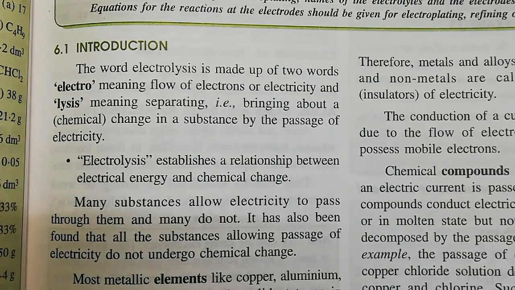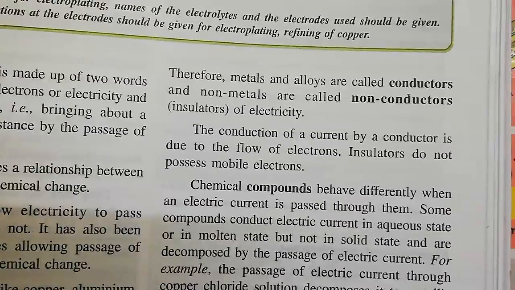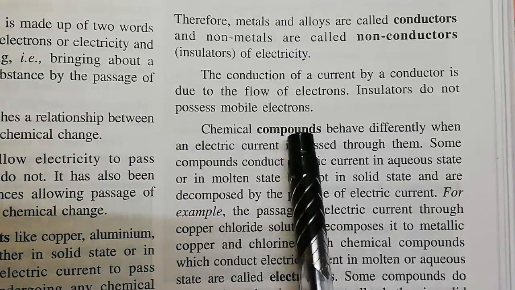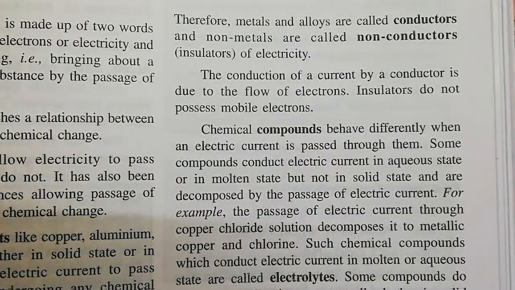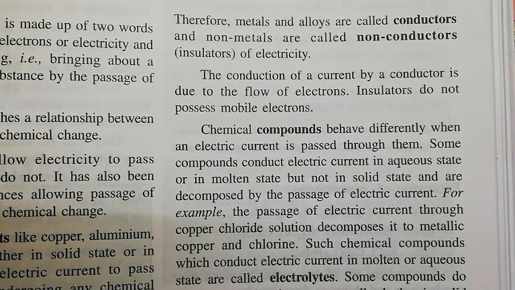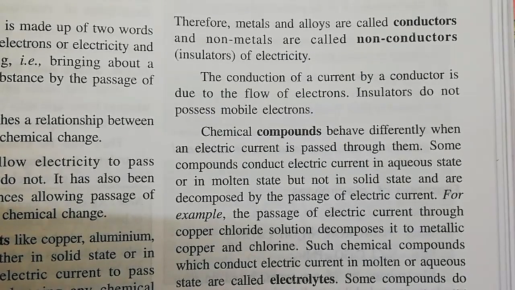Electrolysis is generally possible for chemical compounds which have ions in the molten or aqueous state. That means the compounds which, in the molten state, have ions, that is cations and anions, will undergo electrolysis.